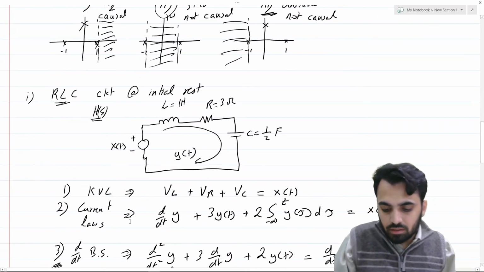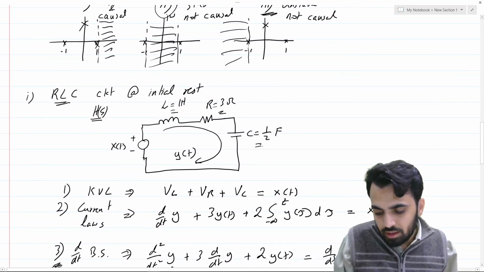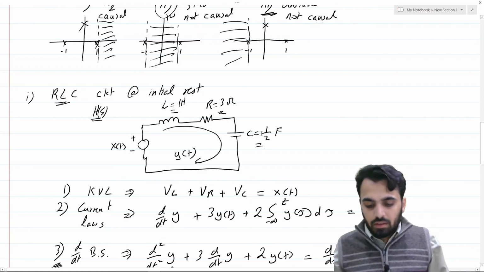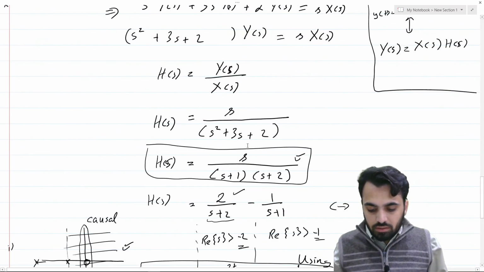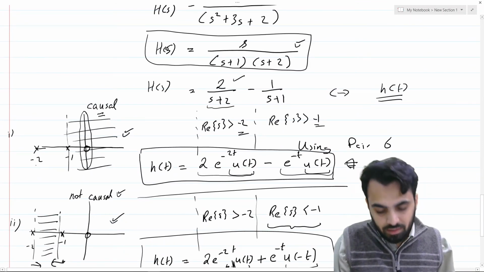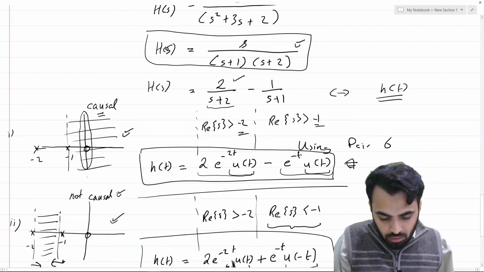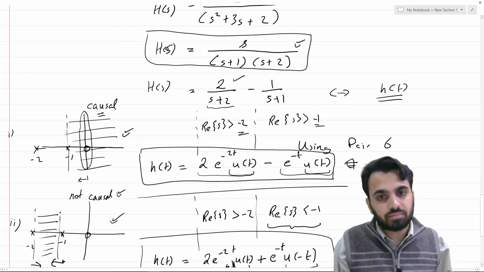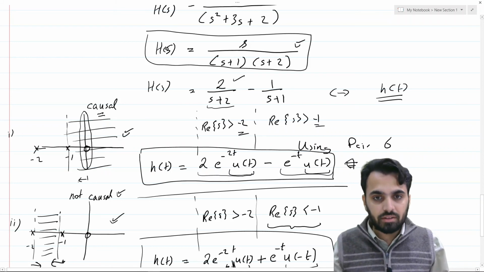But note that since the values of inductor, resistor and capacitor are positive, in the actual circuit the system is always going to be causal, and it would be stable as well because the poles will be towards the left of it and it would be right sided.